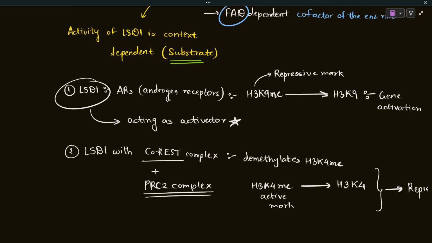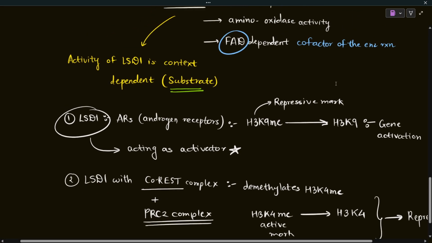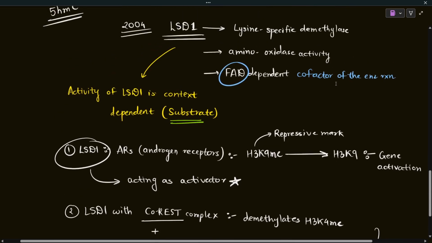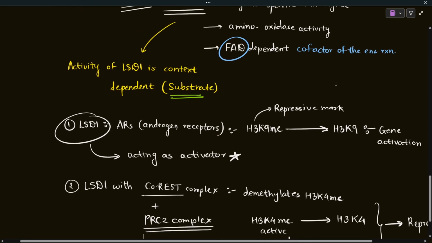When it works with androgen receptor, it acts as an activator because it is removing the repressive mark, but when it works with the CoREST complex or PRC2 complex, it is demethylating the H3K4 methylation mark, which is an active mark, and that is why it is working as a repressor. So this was the interesting part about LSD1. This is the only demethylase that we need to learn in detail.